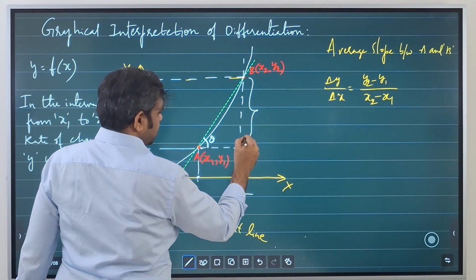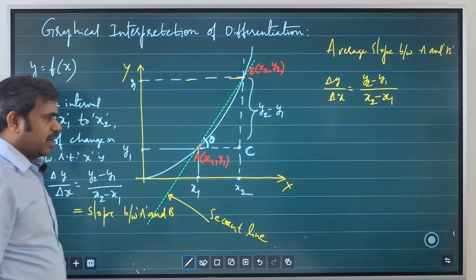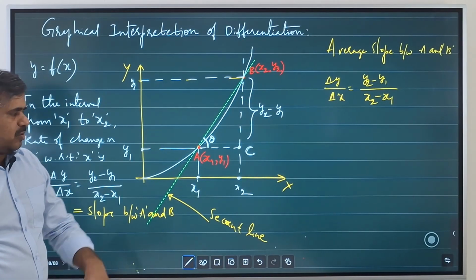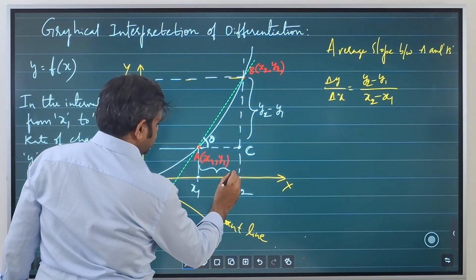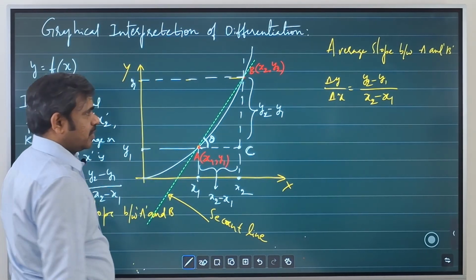This side BC is equal to y2 minus y1. This length is y2 minus y1. Similarly, side AC length is equal to x2 minus x1.